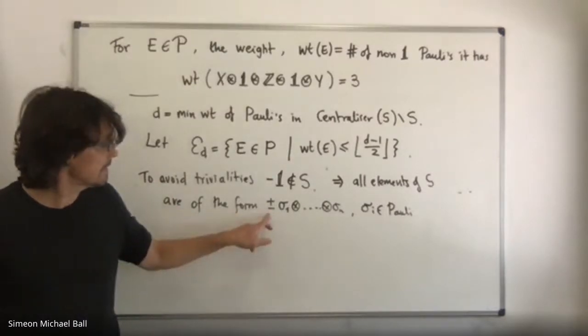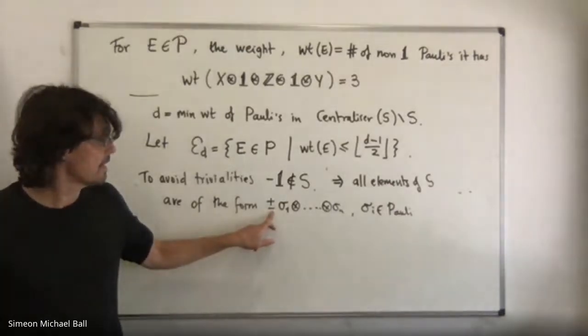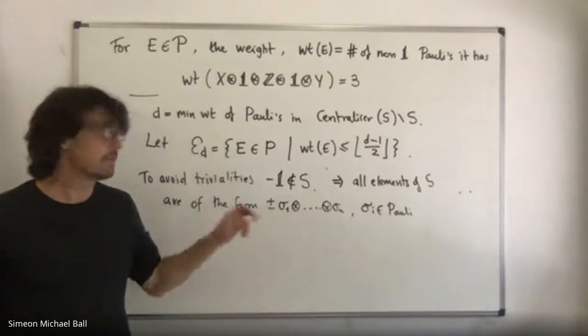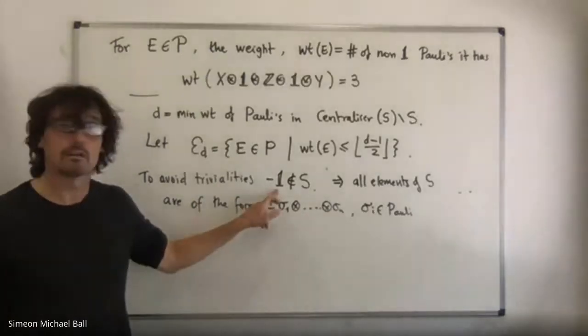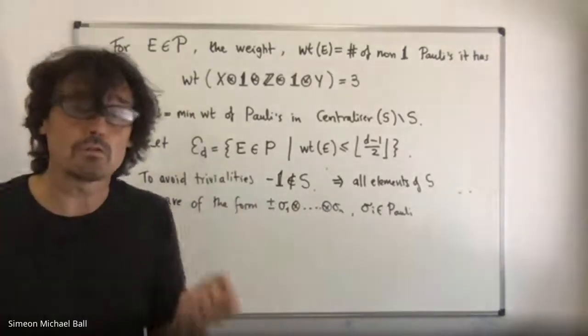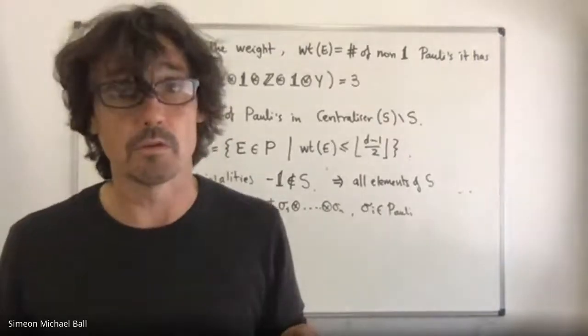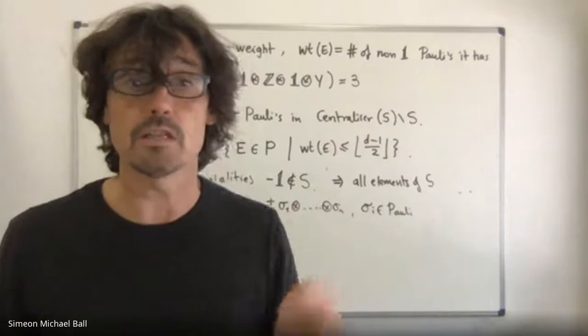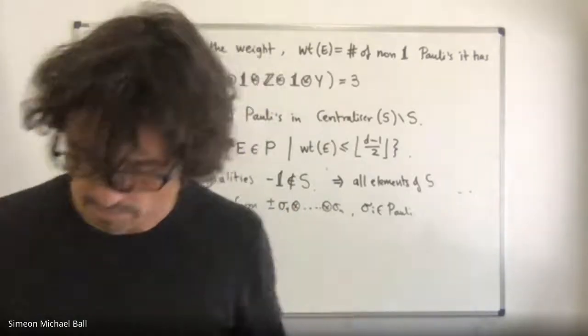So if you had plus and minus i here with the Paulis, then when you square it, you get minus the identity. And the square must also be in the subgroup because it's a subgroup. So it's a multiplicative subgroup. If G is in it, G squared is in it, G cubed is in it, etc.